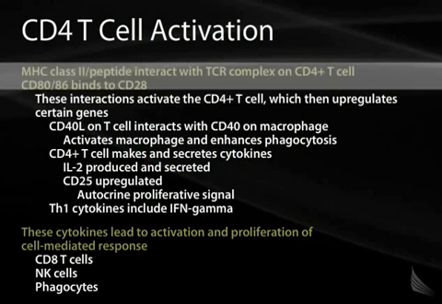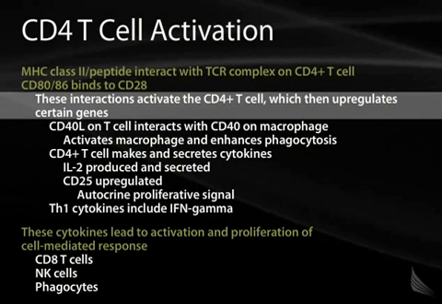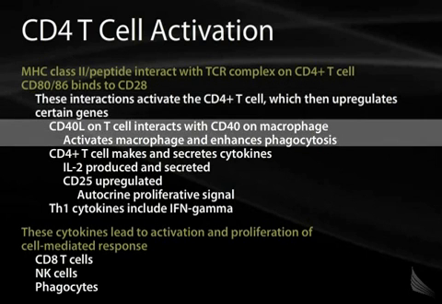So, in text form, what we just saw, MHC class II peptide interacts with TCR complex on the CD4 T cell, and CD80 or 86 binds to CD28. Both of those signals required to then activate the CD4 T cell. The CD4 T cell can upregulate CD40 ligand, which will activate the macrophage and enhance phagocytosis.